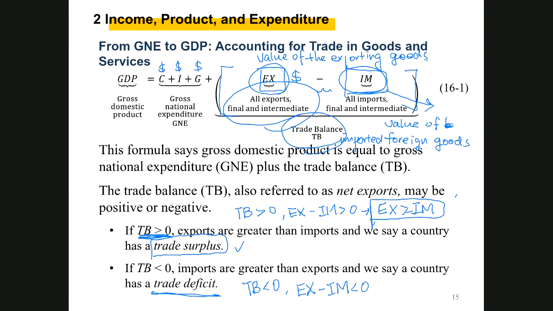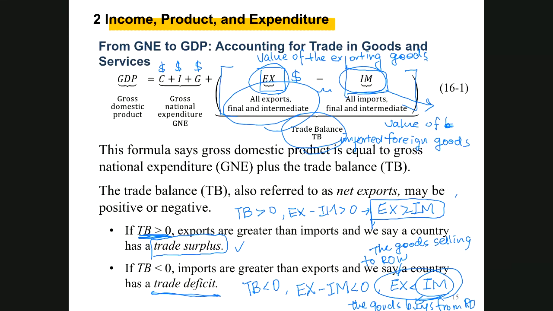So this means export is smaller than import, meaning the goods that you sell to the rest of the world are smaller than the goods you buy from the rest of the world.